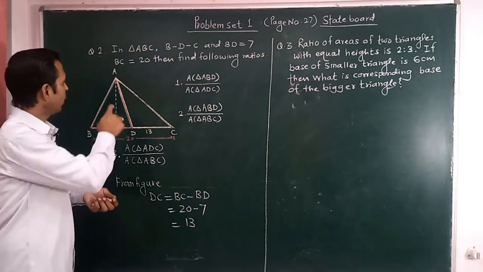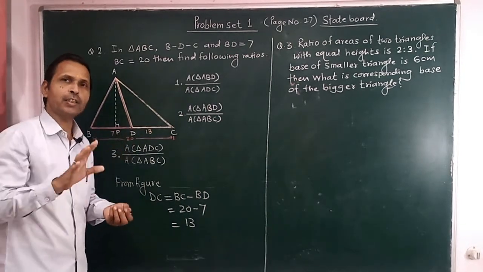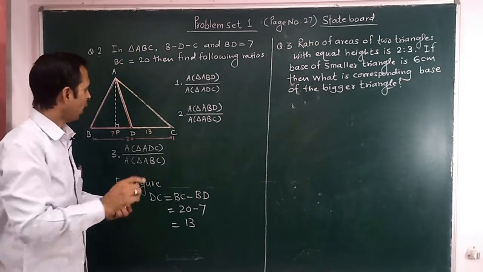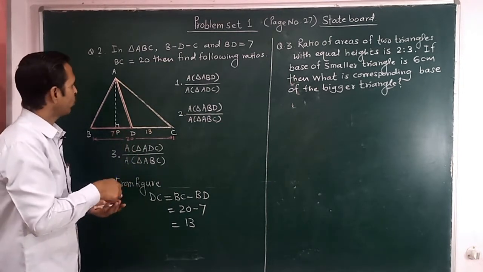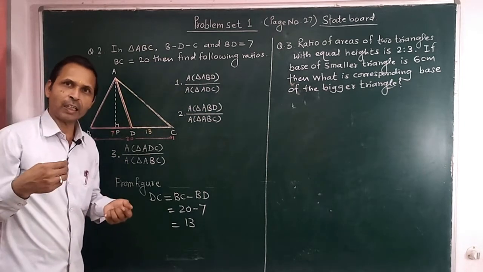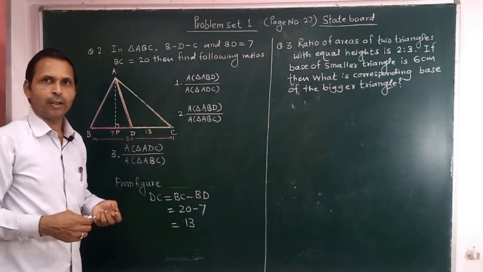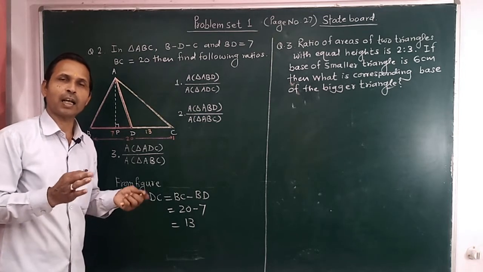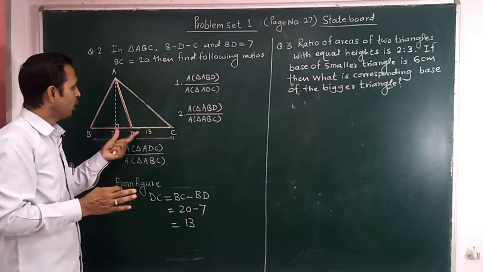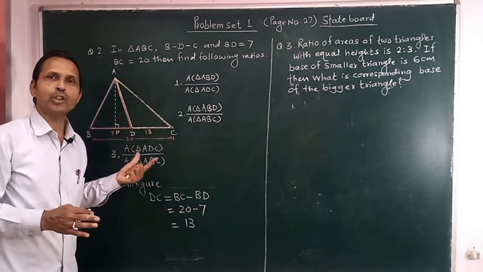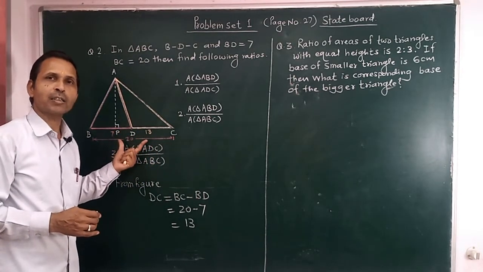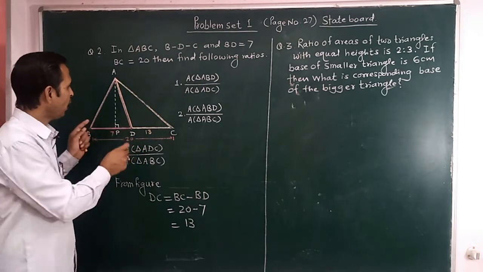Now we know that AP is the height, and the height is common to both triangles, and that's why the height is the same, and hence we write the ratio according to their corresponding bases. We already learned that when the heights of two triangles are equal, then the ratio of areas of these two triangles is equal to the ratio of their corresponding bases. Now how do we write here?